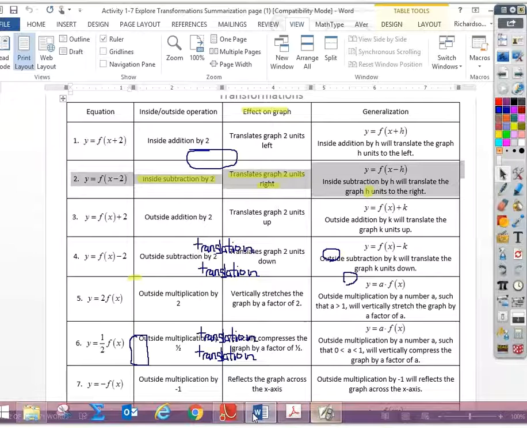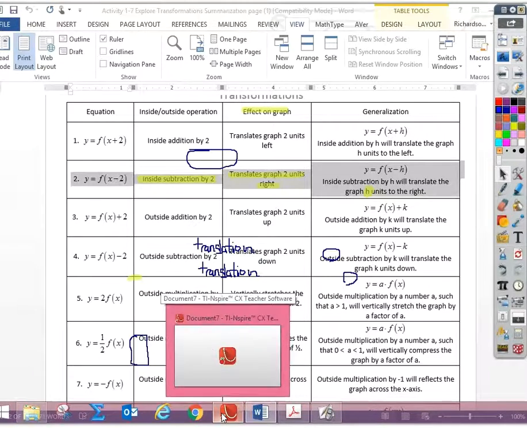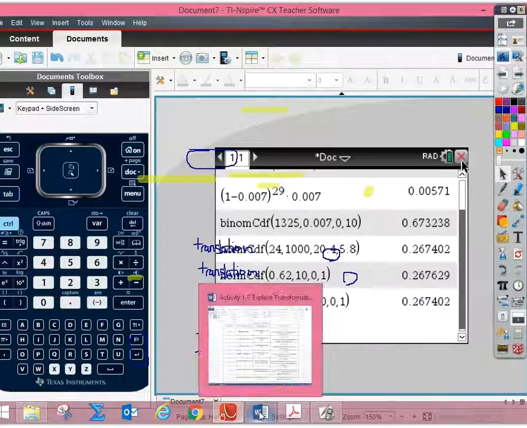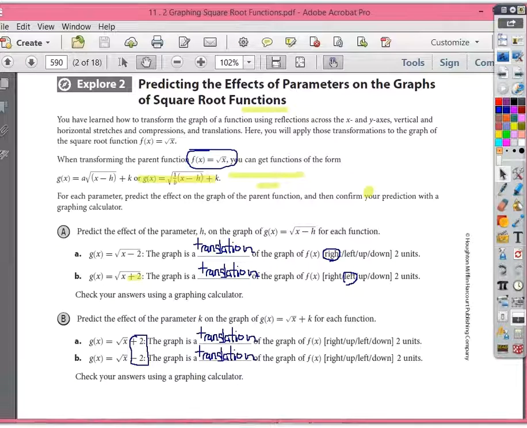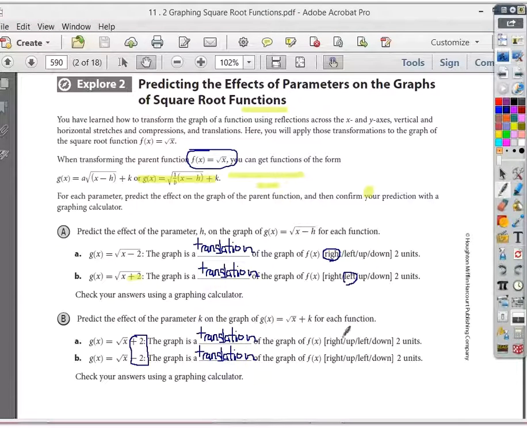So back to the document there. Sorry about that. So up for outside addition, down for outside subtraction. Okay.